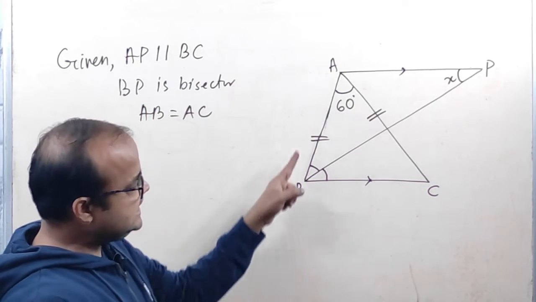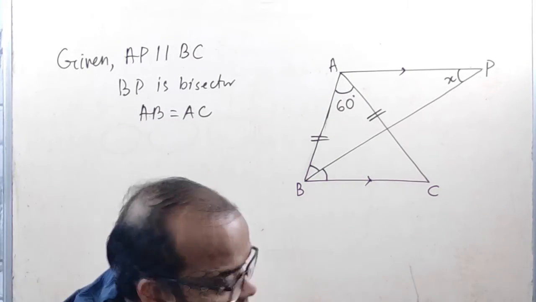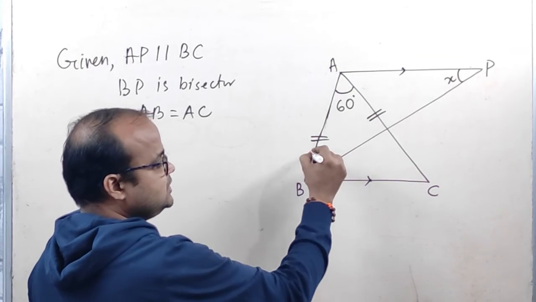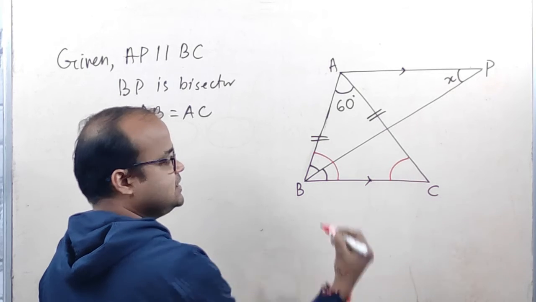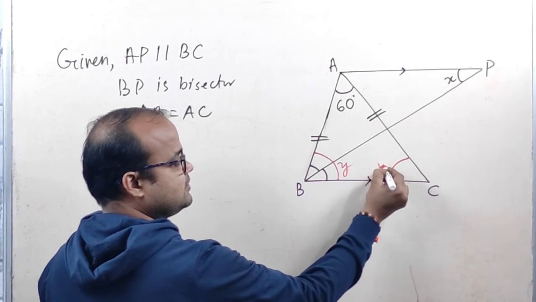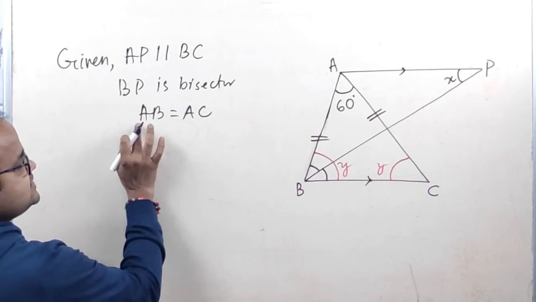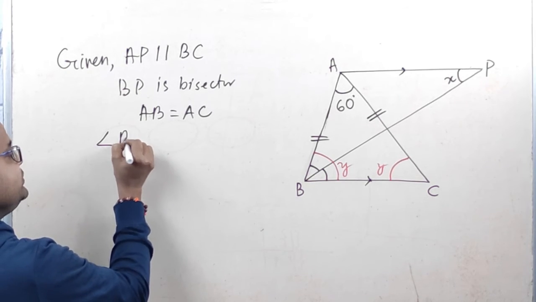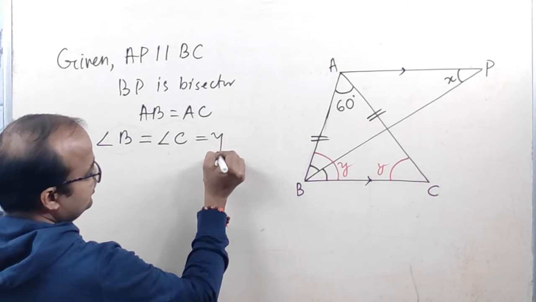That means ABC is an isosceles triangle where AB is equal to AC. That implies angle B and angle C are equal. So we consider this as Y. So we can say that since AB equals AC, therefore angle B equals angle C equals Y.